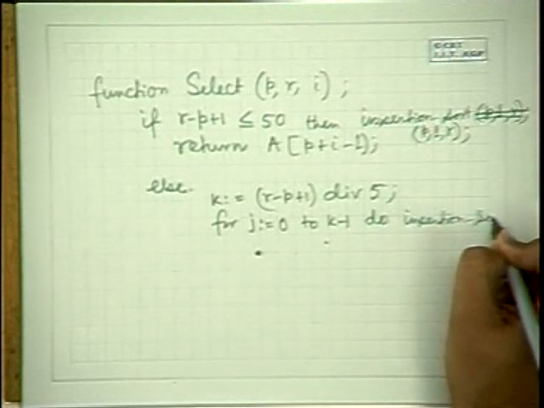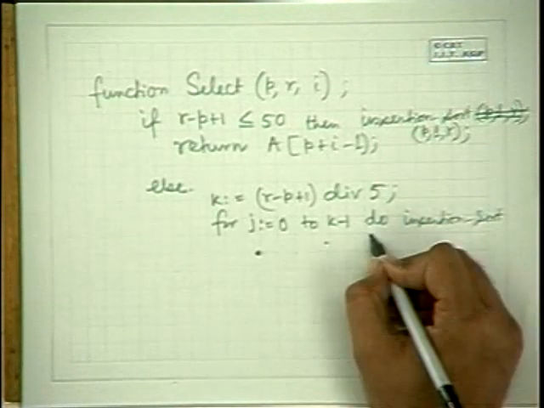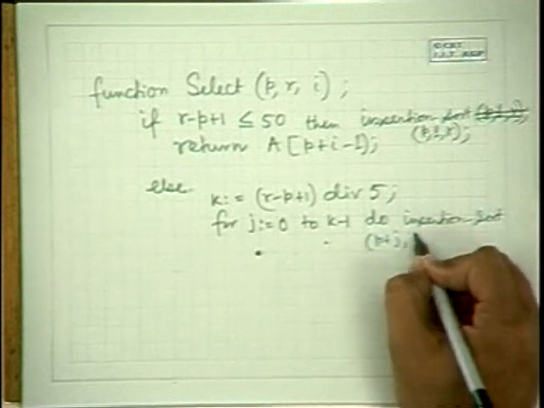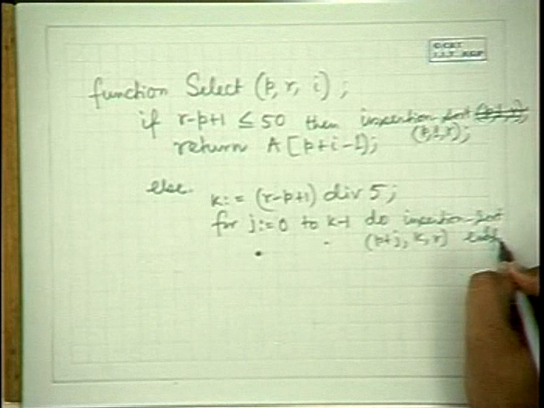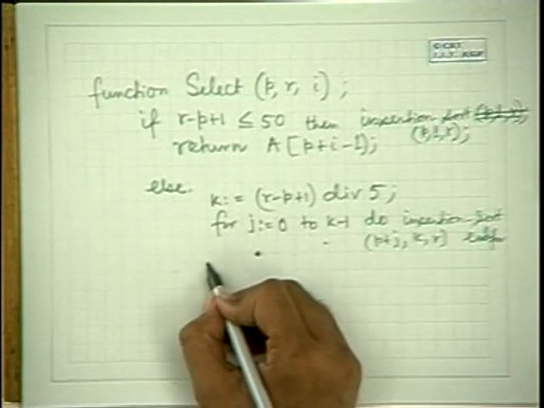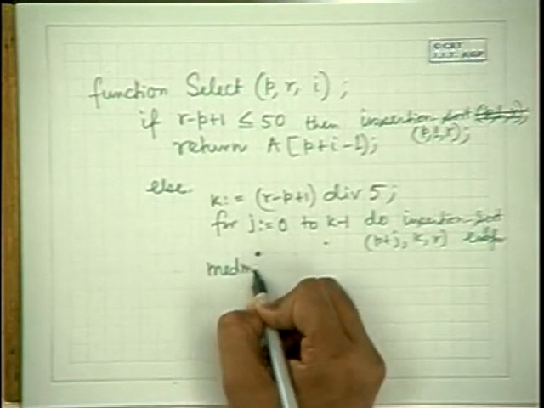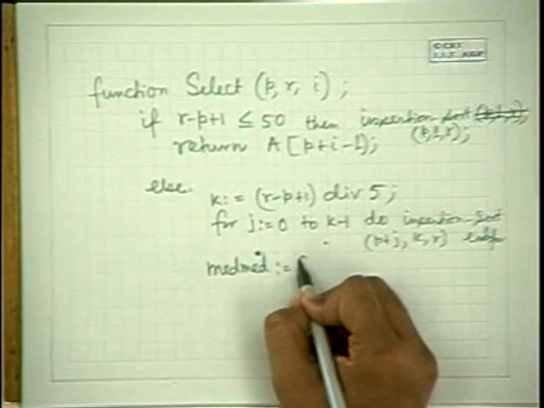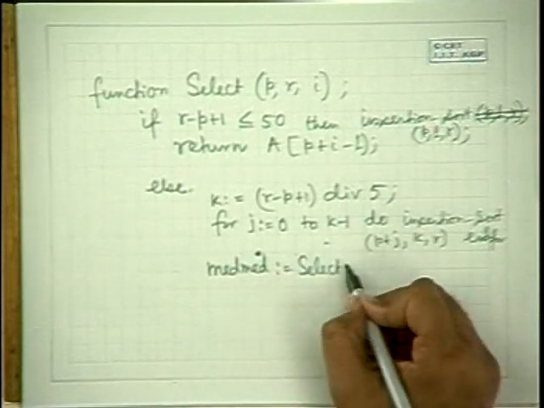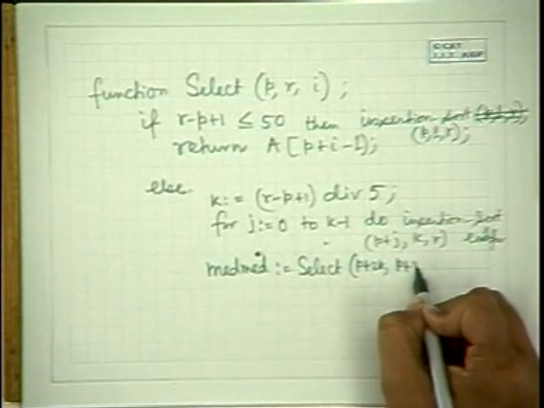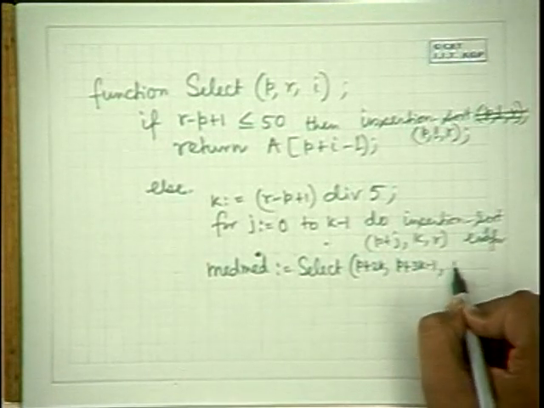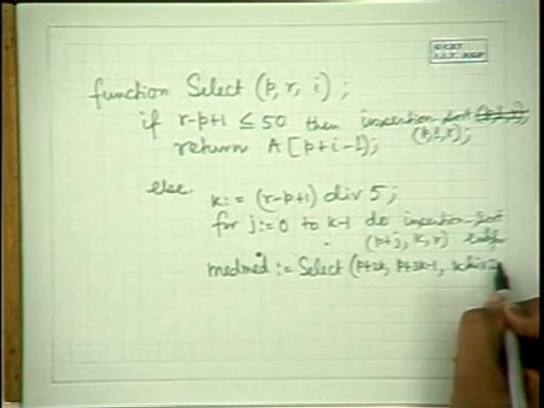This is for median finding for 5 numbers, p plus j, k, r, n for. This is the median of medians, which you give a recursive call select p plus 2k, p plus 3k minus 1, k div 2.